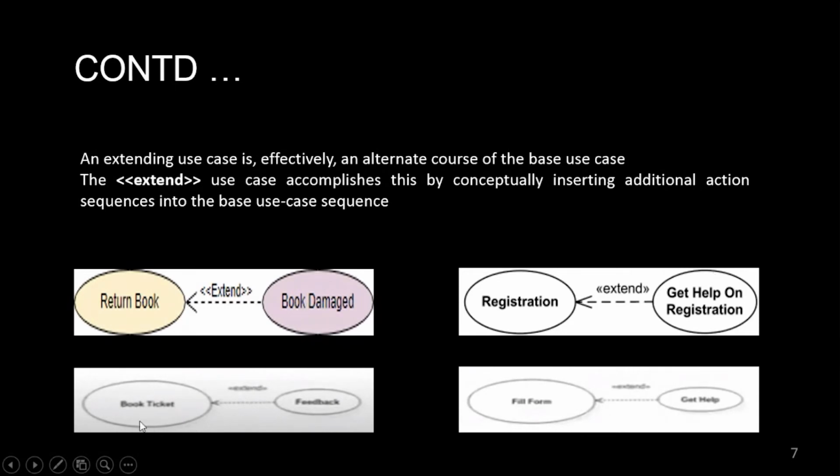Book ticket is itself a complete use case, but we have some additional use case like feedback, which is extending that particular use case. Same way, the fill form is having get help. These are some of the examples of extend relationship, and it is also shown by the dashed arrow.